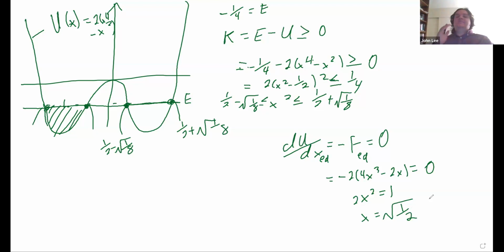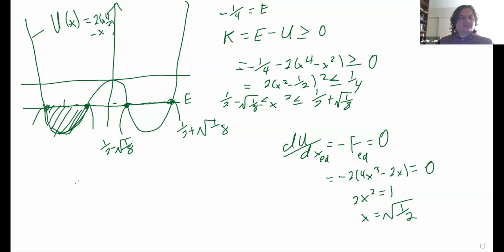And then the way to find out whether these are stable equilibrium points or unstable equilibrium points is to take the second derivative. If the second derivative is negative, then it is a relative maximum, or if the second derivative is positive, then it's a relative minimum, which makes sense because if the second derivative is positive, it's curving upward.